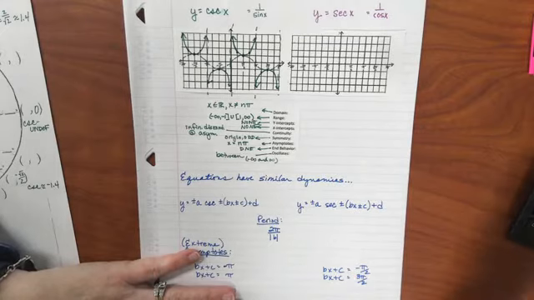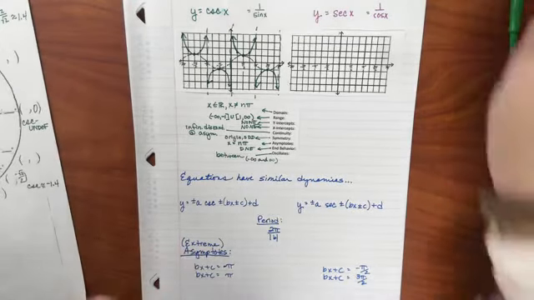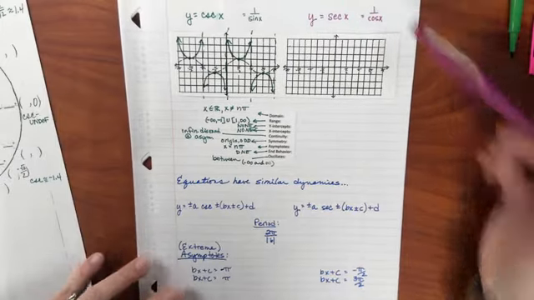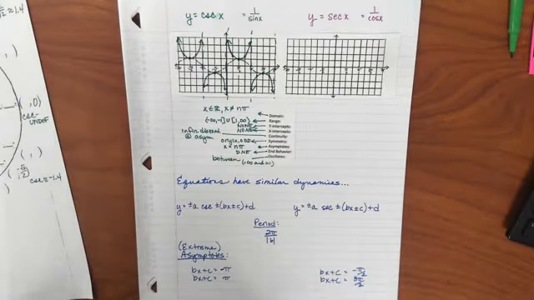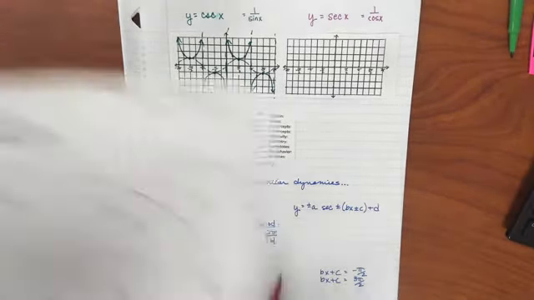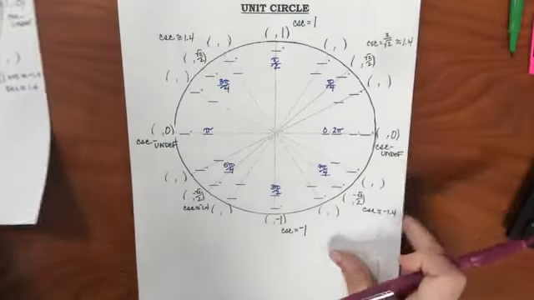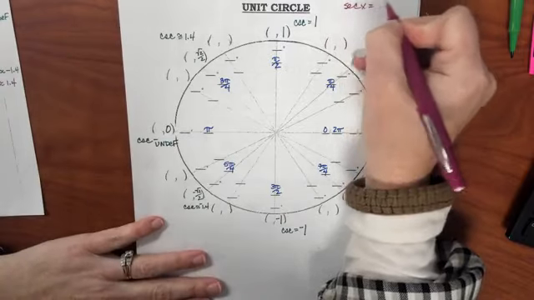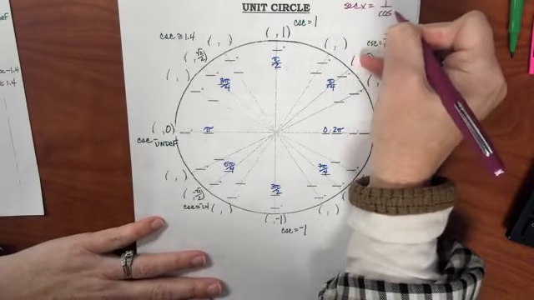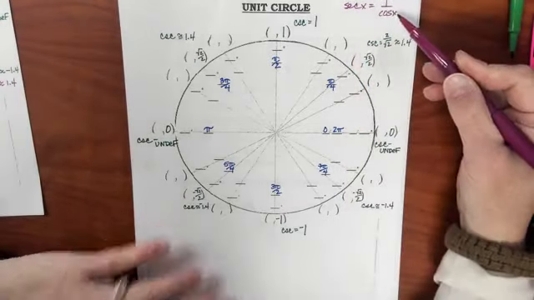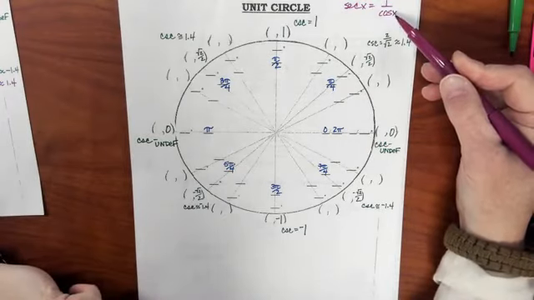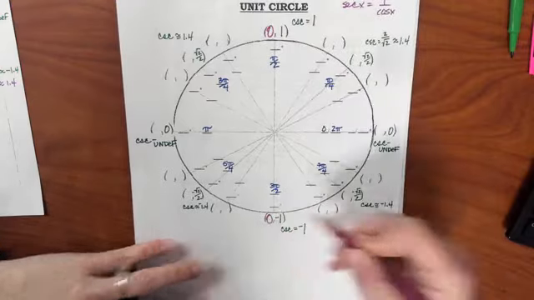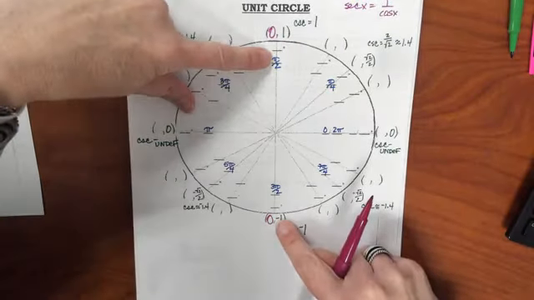Now let's talk about secant. Secant is 1 over cosine. So similarly, if we go back to our unit circle, where is cosine 0? That would make the secant undefined. Cosine is 0 here at the pi over 2's.